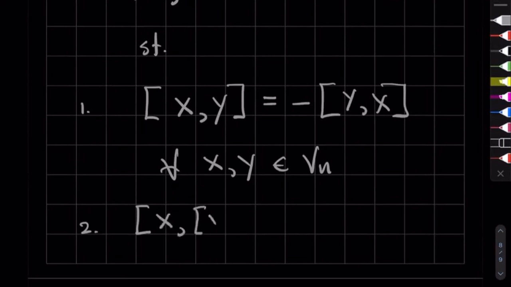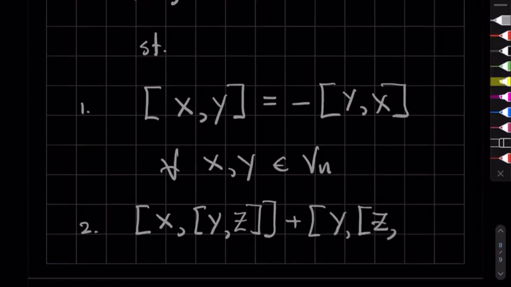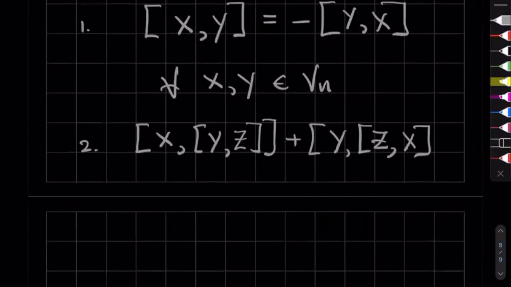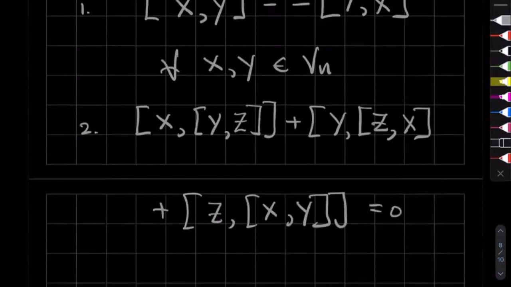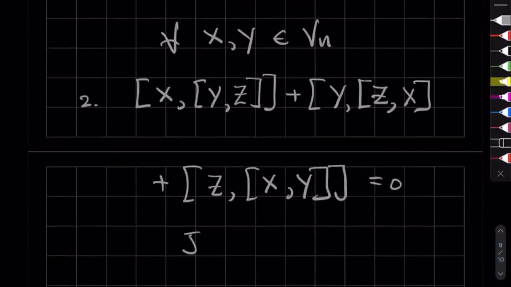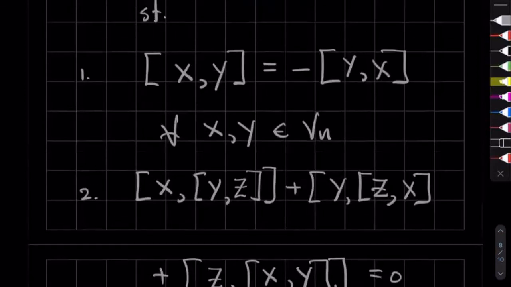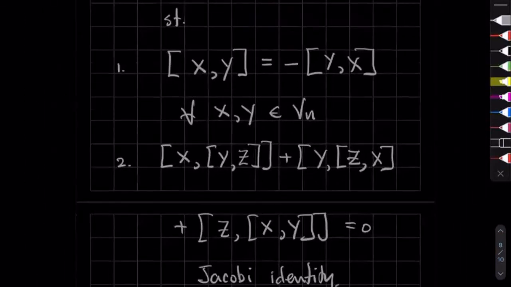So if you have 3 elements, X, Y, and Z, then this particular combination must be 0. This is called the Jacobi identity. So when your algebra has a product which has these two properties, it's called a Lie algebra. That's it.